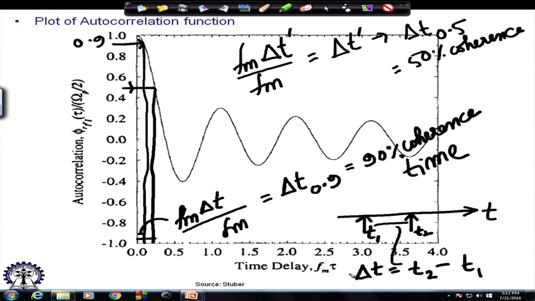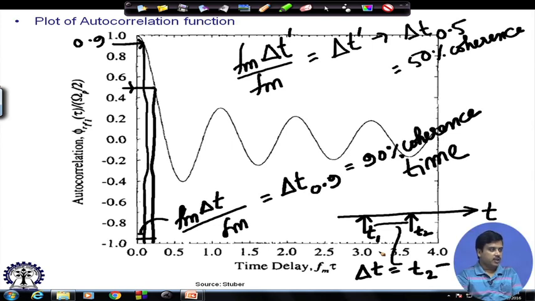So, if this delta t is equal to delta t 0.5, that means at this point the signal would be 50% correlated, and the assumption we have made over here is wide sense stationary. That means it is not dependent on t1 and t2, but it is simply dependent upon the lag time between t1 and t2.